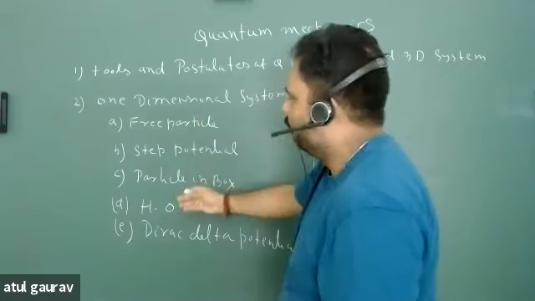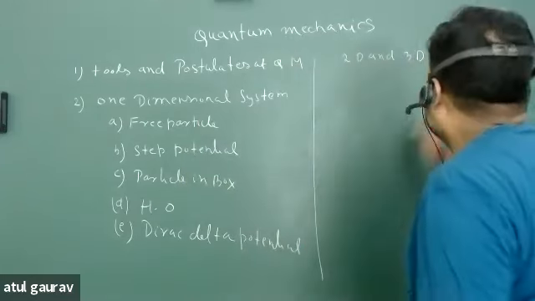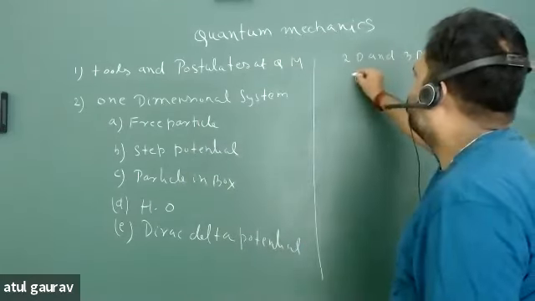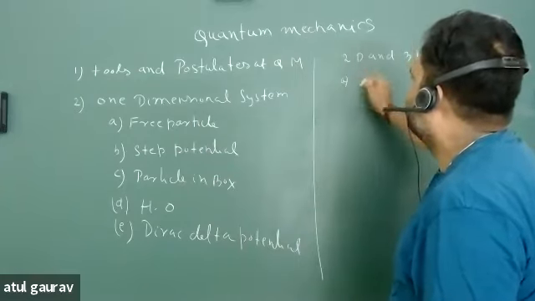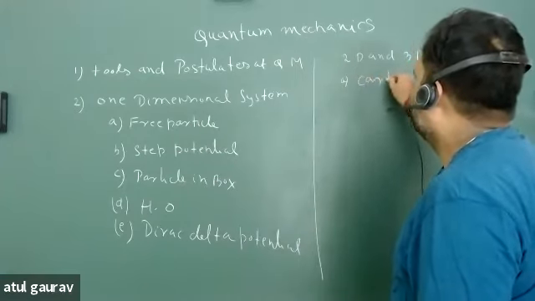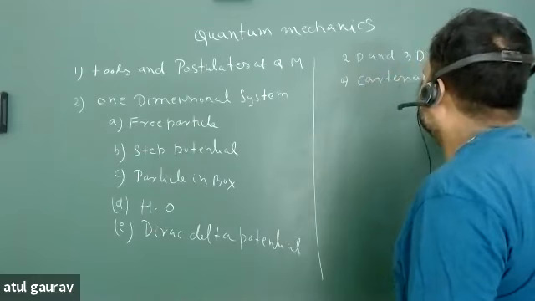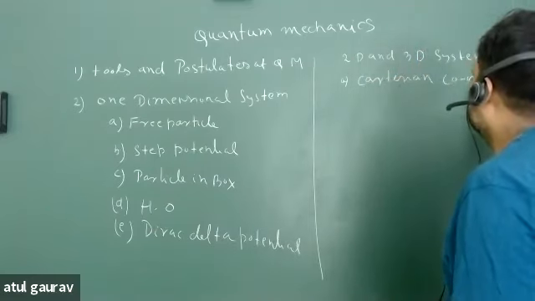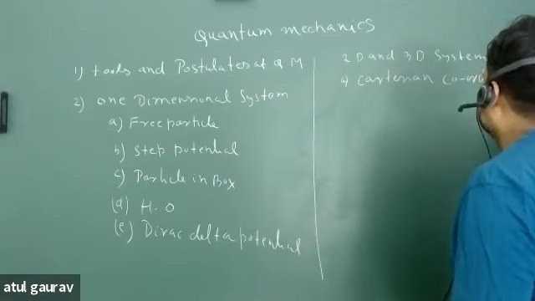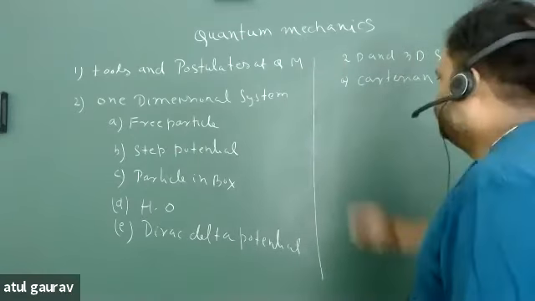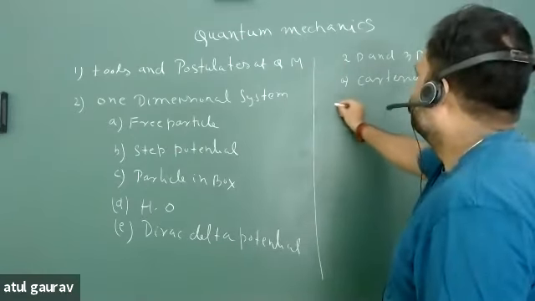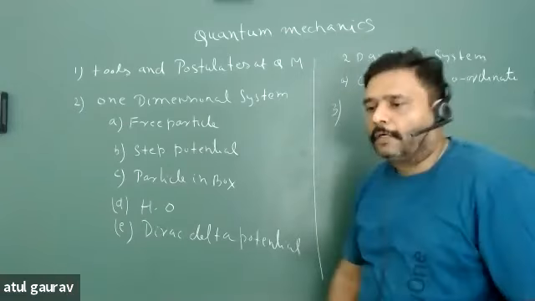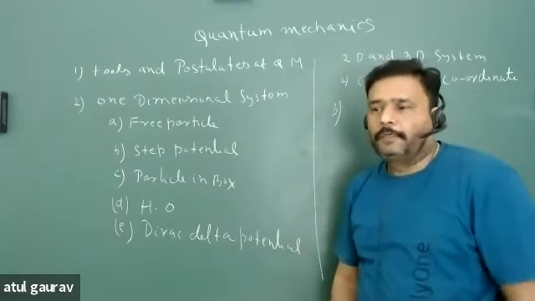Free particle, particle in a box, harmonic oscillator, everything goes into 2D and 3D in Cartesian coordinates. So first we will discuss Cartesian coordinates. And then we will go for the polar coordinate system or spherical polar coordinate system.